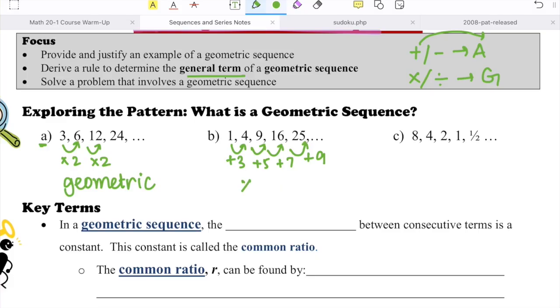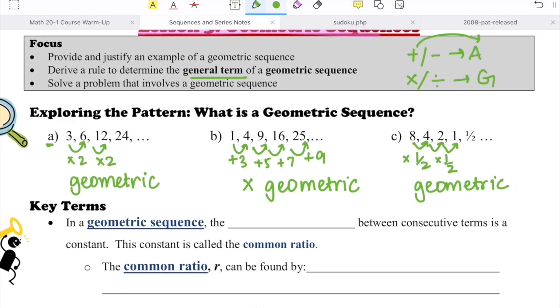So that's not geometric. Now we have 8, 4, 2, 1 half. What's happening? Divided by 2 or being multiplied by half. Right? So that's another example of a geometric series.